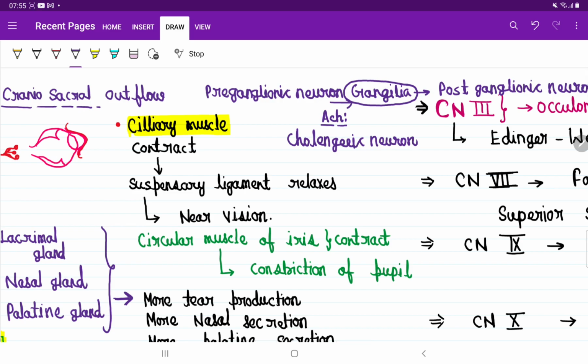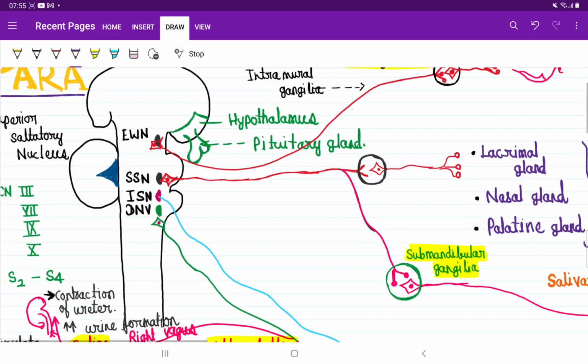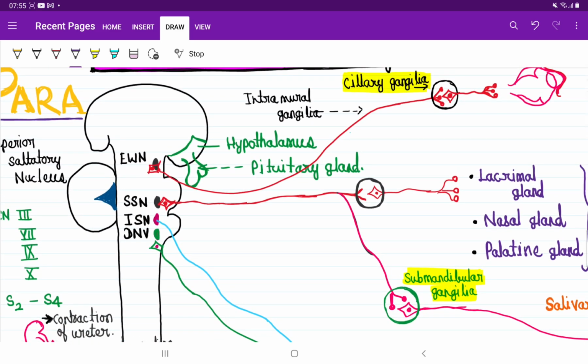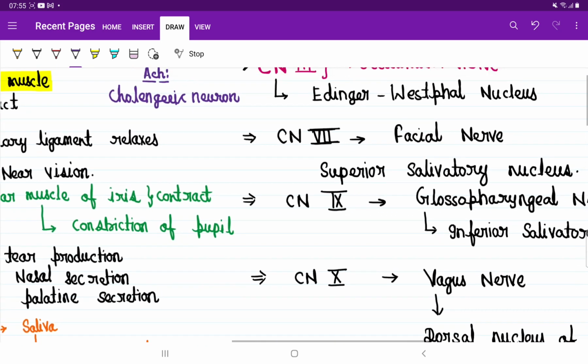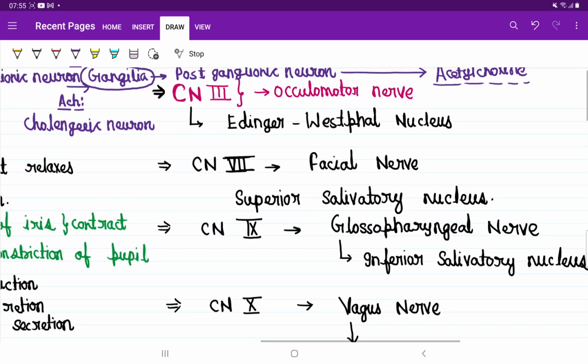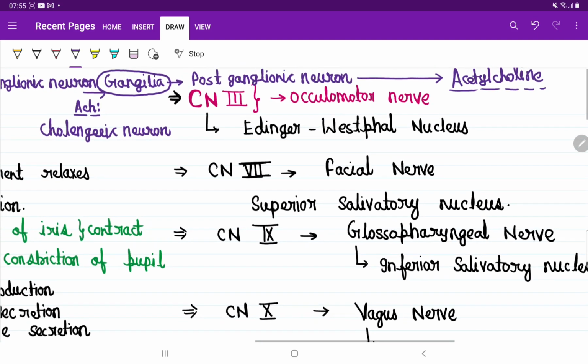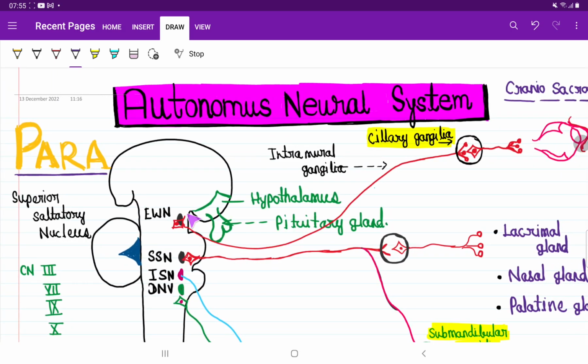Now come back, please. One by one we'll see how they supply. In our brain there is one nucleus called the Edinger-Westphal nucleus. This Edinger-Westphal nucleus is the point of origin of cranial nerve third.